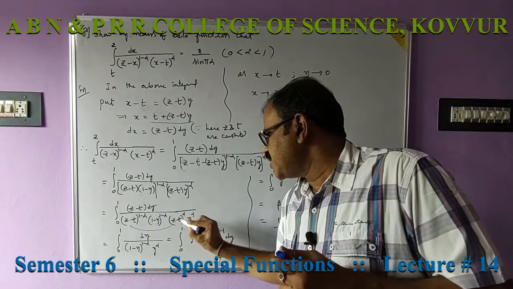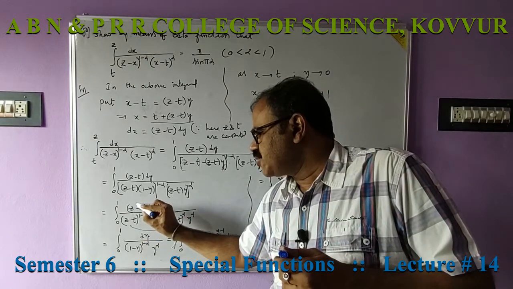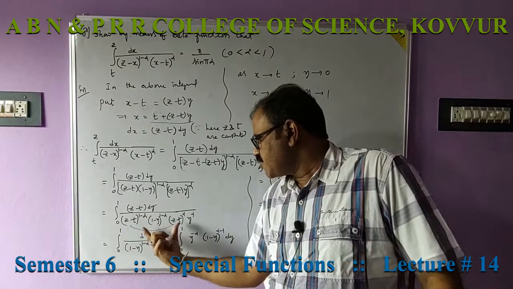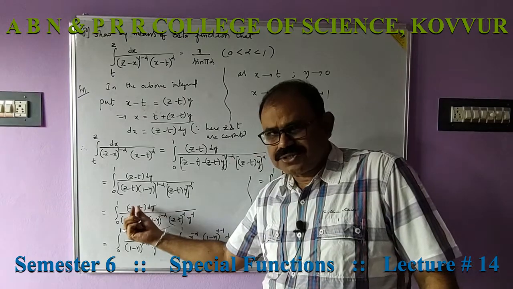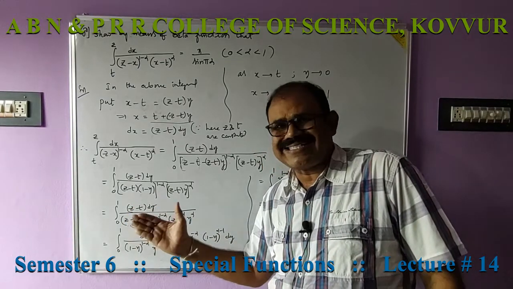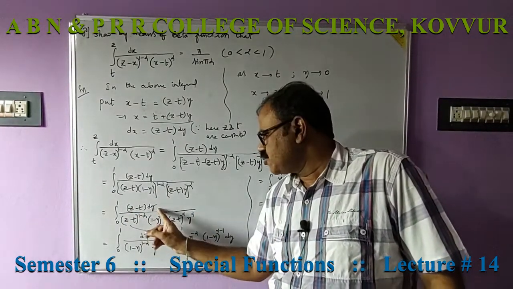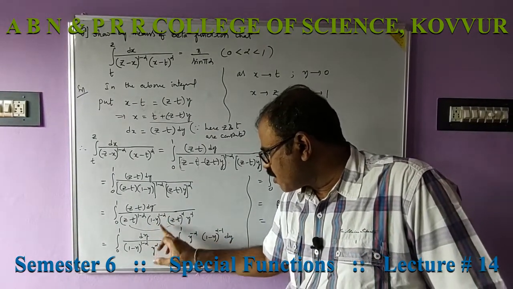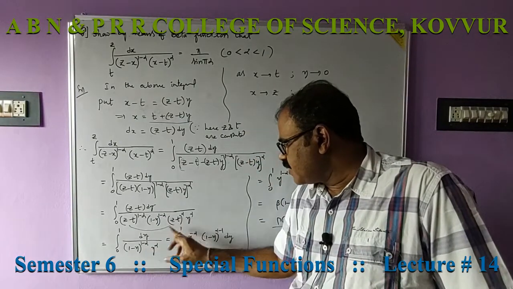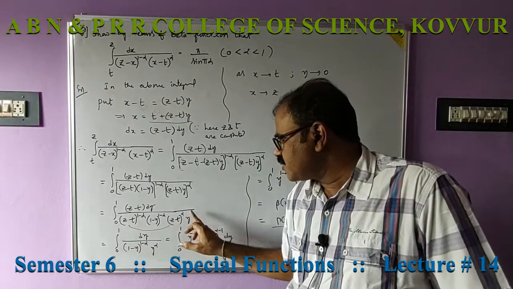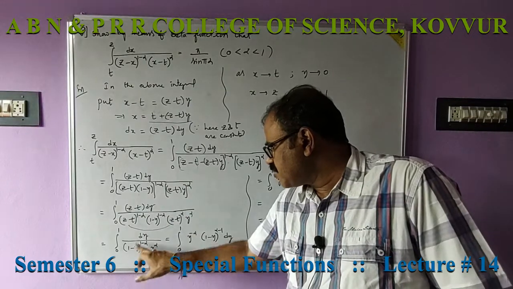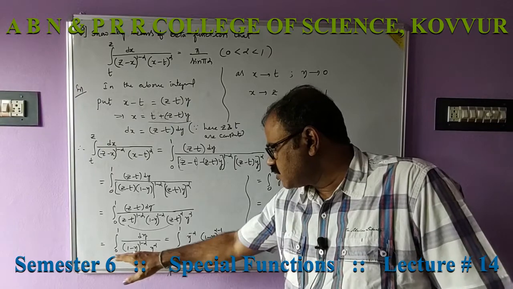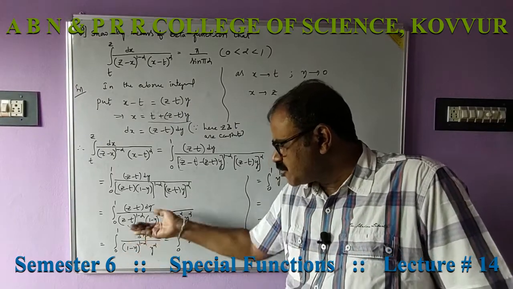That becomes z minus t in the denominator, and in the numerator you have z minus t already. So z minus t gets cancelled. What remains is, in the numerator you have dy, and in the denominator (1 minus y) to the power of 1 minus alpha, y power alpha. So let us bring these two terms into the numerator.